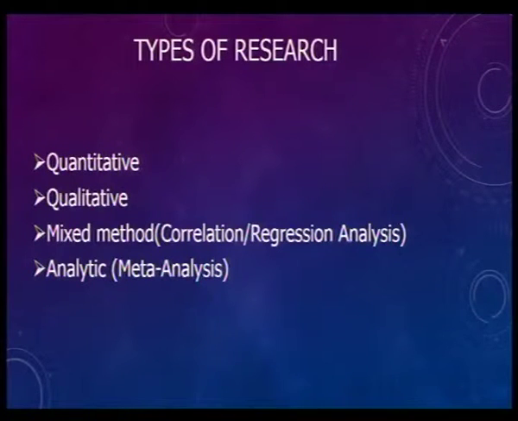So we are going to focus on quantitative research, qualitative research, mixed research, which is quantitative and qualitative, and then analytic, which is meta-analysis. So we'll look at each of these, what it is, and how you are able to carry it out in educational research, to use it.